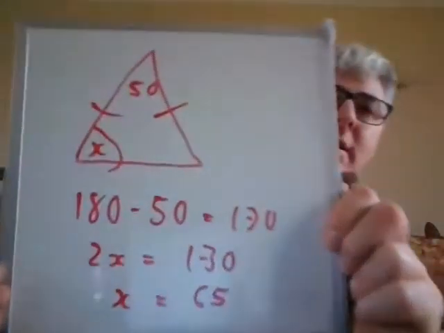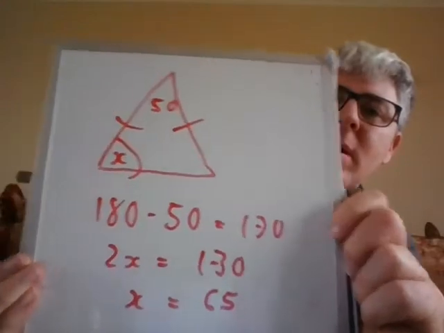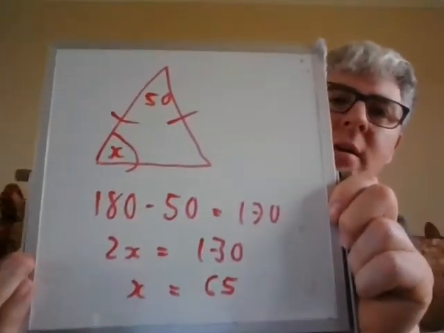I think that's an isosceles triangle, where the angles don't all add up to 60. Two sides are the same, and one isn't. Isosceles: two sides are the same, and one's the odd one out, I think.